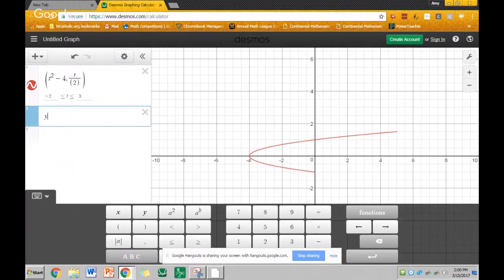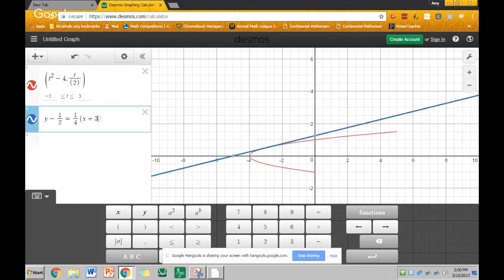So that would be y minus 1/2 equals the slope we said was 1 divided by 4 times (x plus 3). And we said the point of tangency was (-3, 1/2).